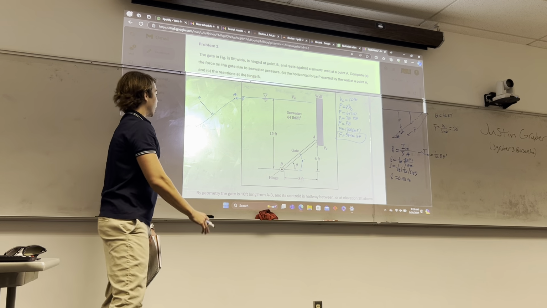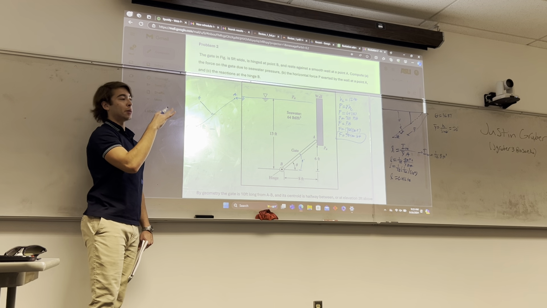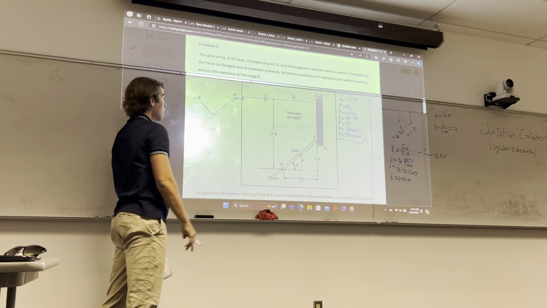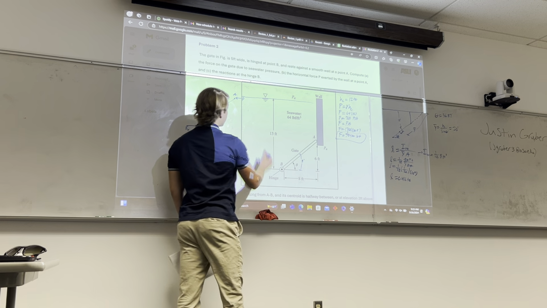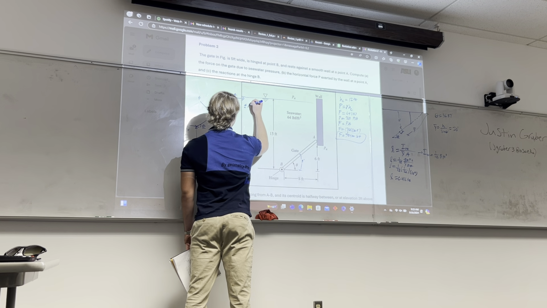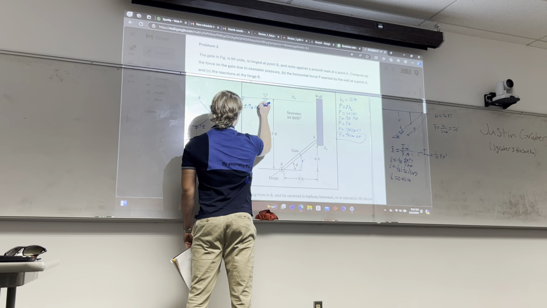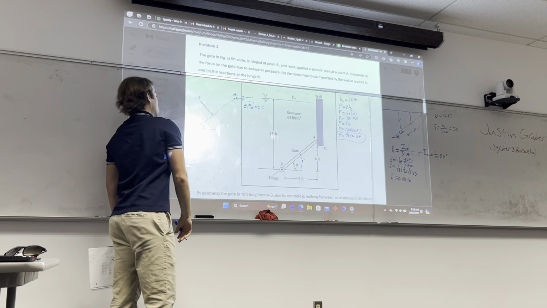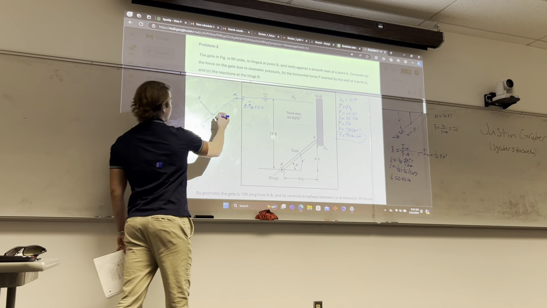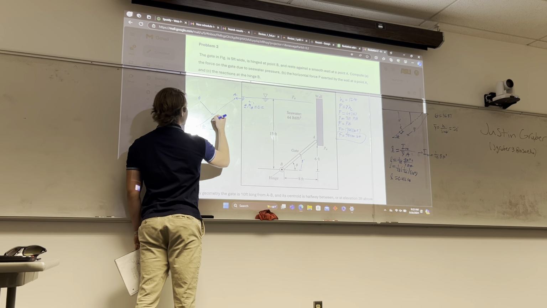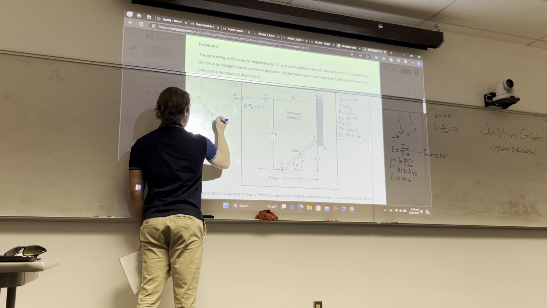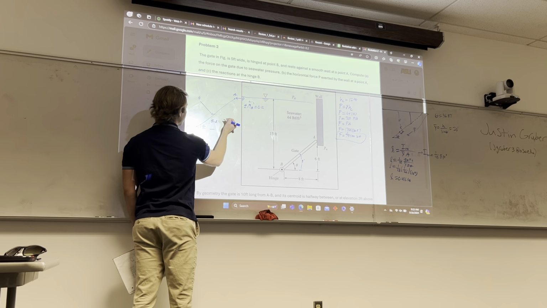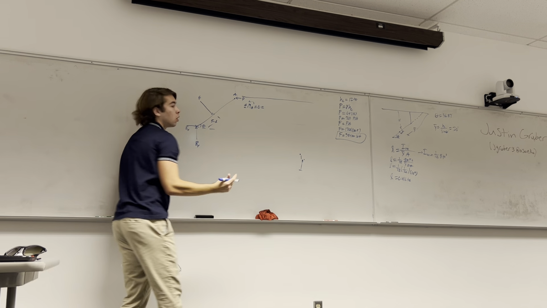To do that, we have too many unknowns to just do sum of forces in X and Y direction, so we're going to take moments about point B. So good. That direction. So we've got this length right here. This will be 5 minus L for this length right here.